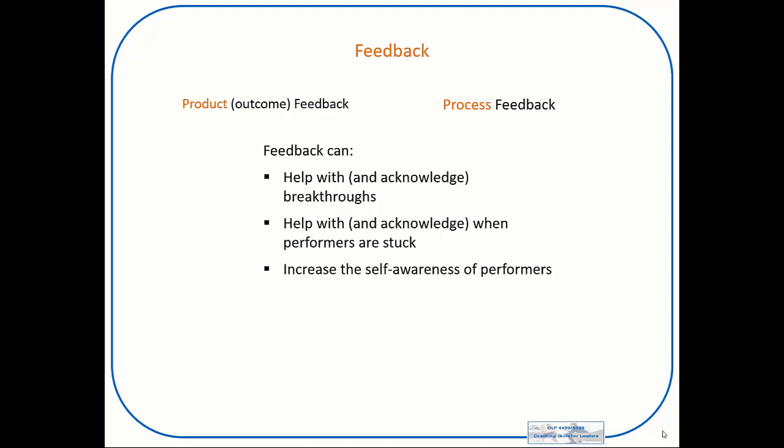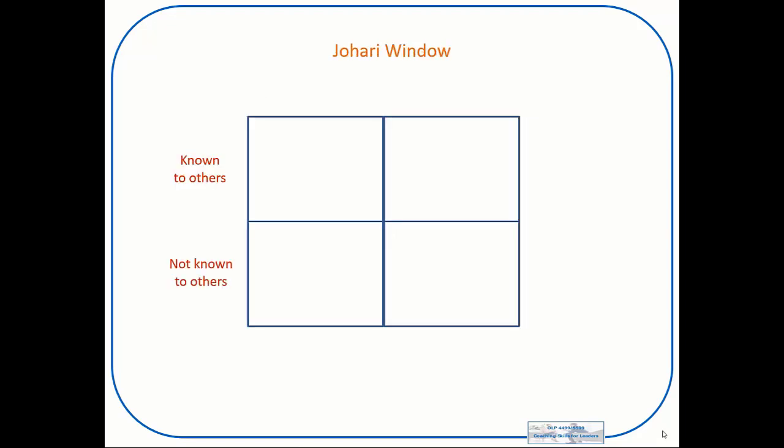So speaking of increasing the self-awareness of performers, I do want to go back to the Johari window for a minute. So here's the Johari window, and just as a reminder, the rows are labeled known to others and not known to others, and the columns are things that are known to self and not known to self.